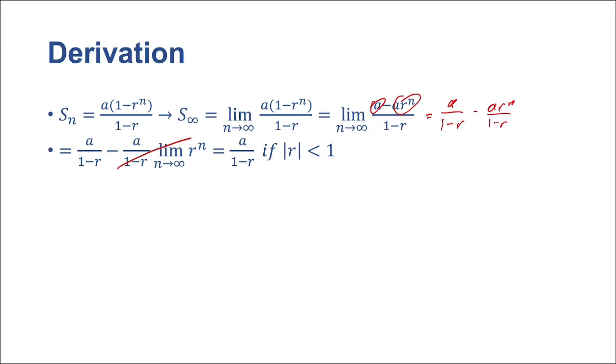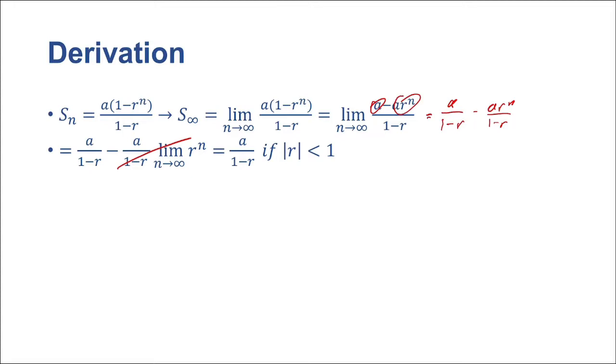And the interesting case is that if r is equal to 1, then we're also going to have a problem, because if we keep raising 1 to infinite powers, then that's not going to go to infinity, but it's also not going to go to 0. So then we're going to have another problem on our hands.